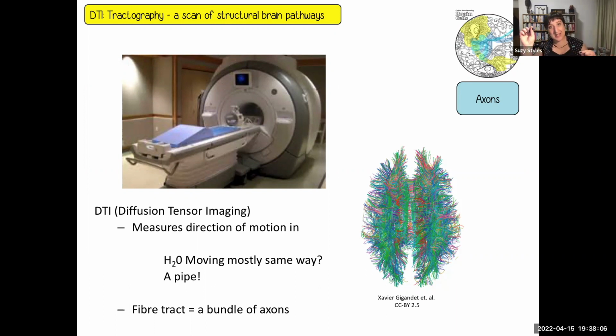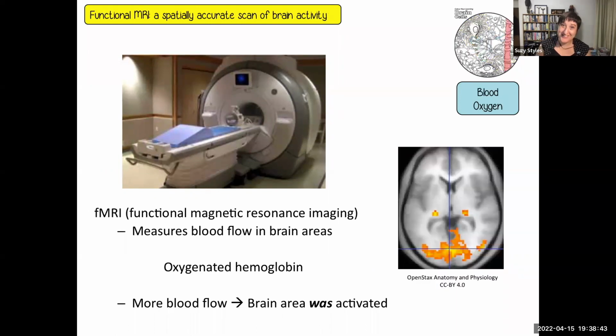They can travel up the axon, they can travel down the axon, but they can't really travel directly through the cell membrane. So tractography is a technique that allows insight into the unseeable parts of the superhighways that connect different brain regions. Now, functional MRI is different again.